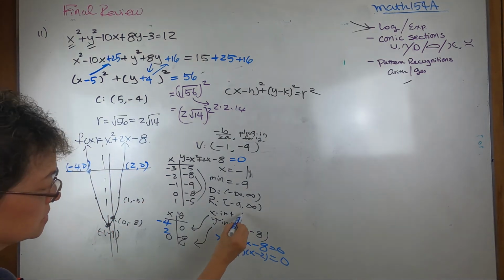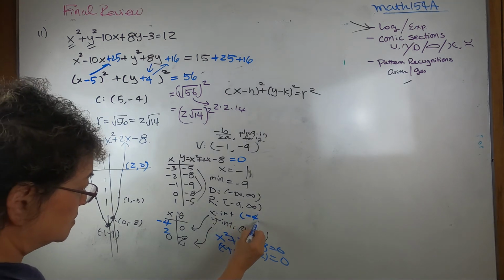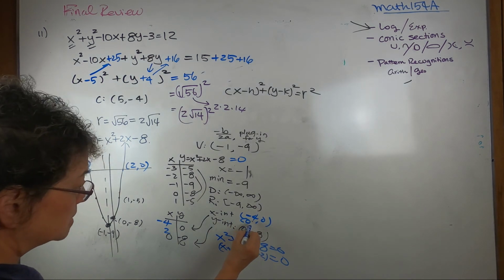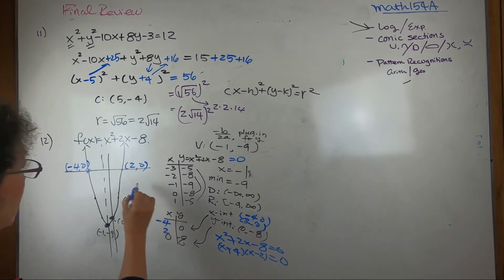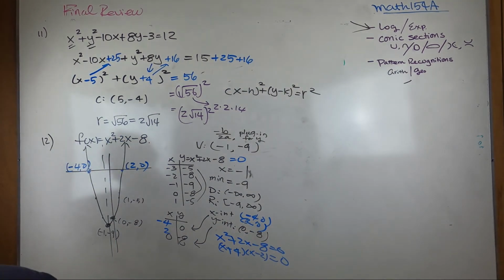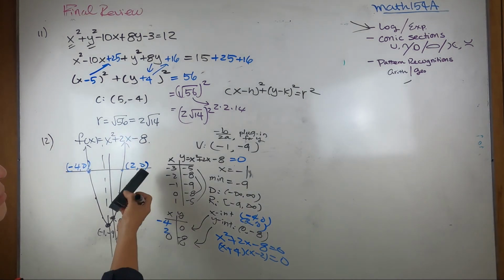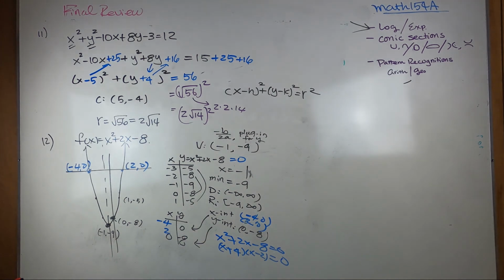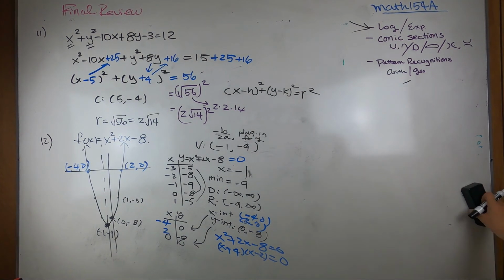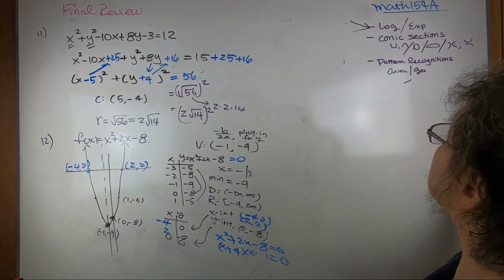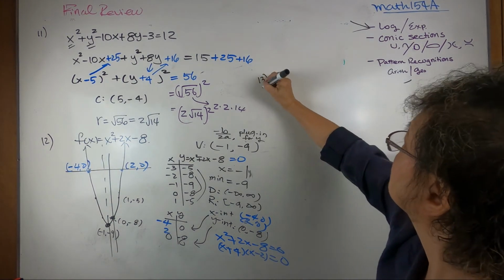So your x-intercepts should be -4, 0, and 2, 0, right? 2 places. So we did this many times to graph a parabola. Okay, so let's look at the next one.